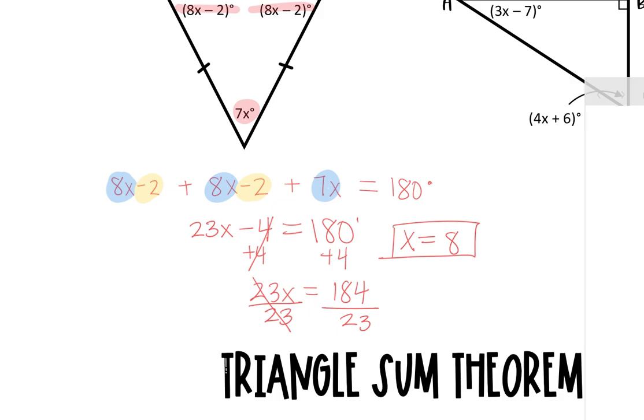So -2 más -2, pónganlo en su calculadora, pero debe de ser -4. Ok, so 23x menos 4 es igual a 180. Aquí la meta es que x esté solo en un lado. So muevo lo que estorba. Ese -4 no tenía que estar ahí. Agregué 4 en los dos lados. Bajé todo. Y luego mi último paso fue dividir por 23. Y me dio un resultado que x es igual a 8.